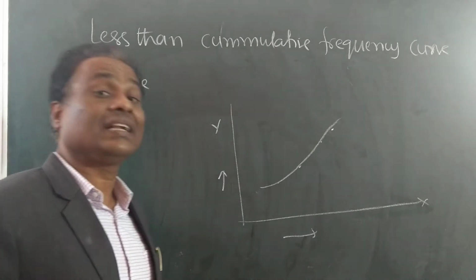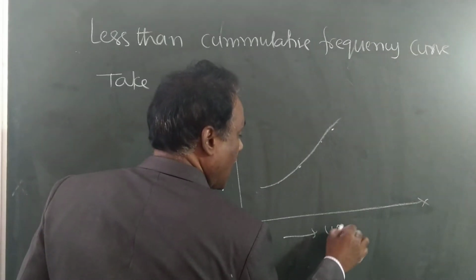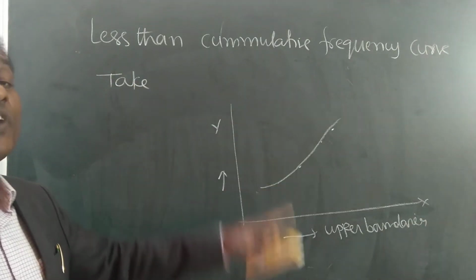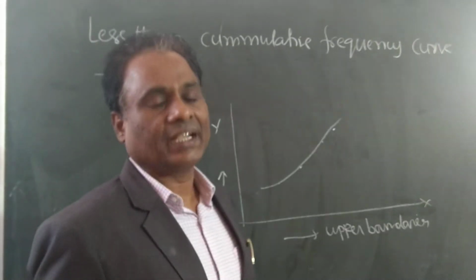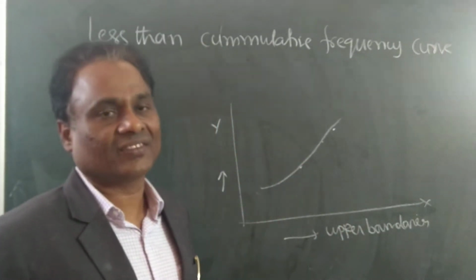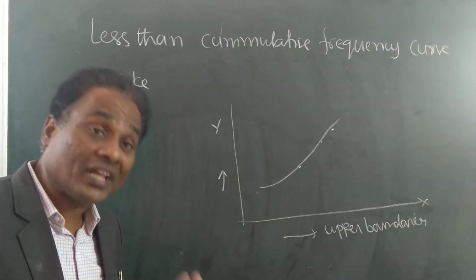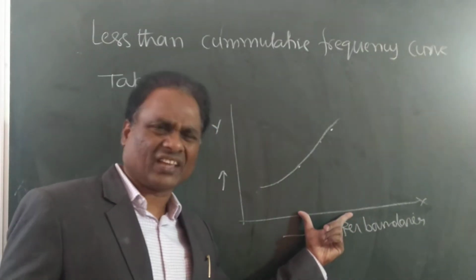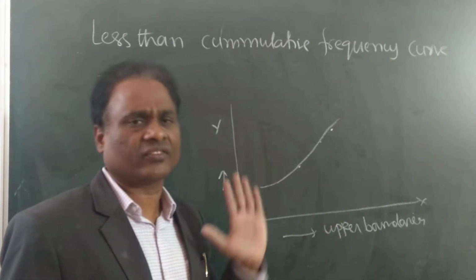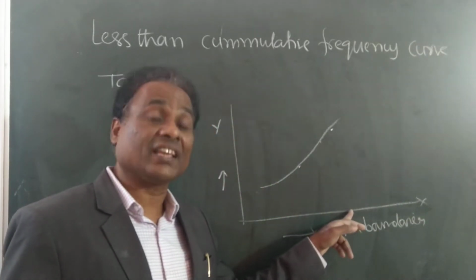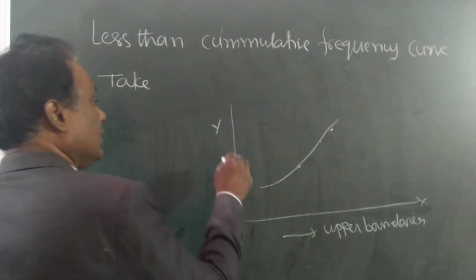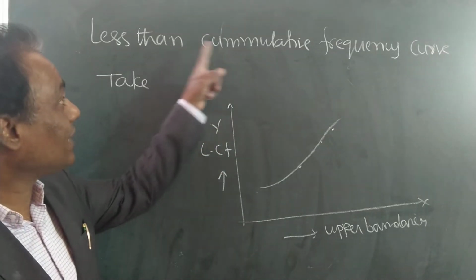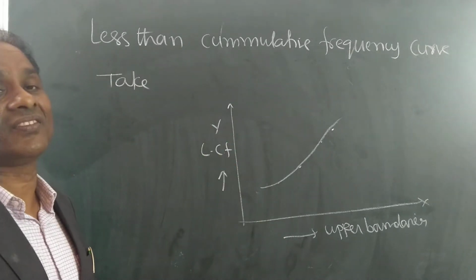Take upper boundaries of the classes on the x-axis, and less than cumulative frequency on the y-axis.